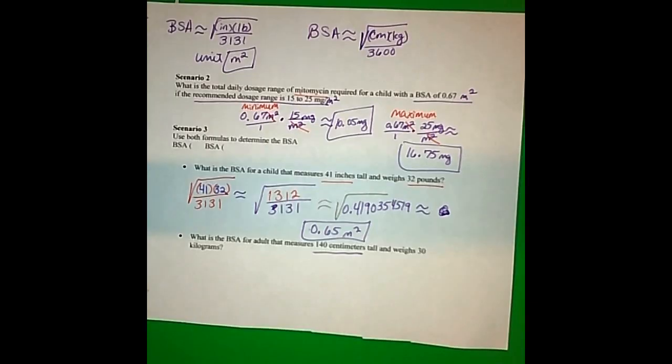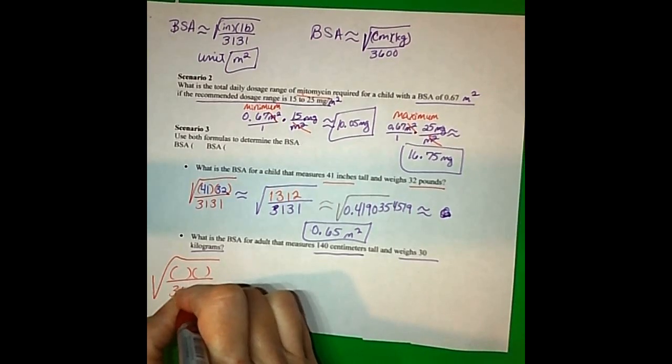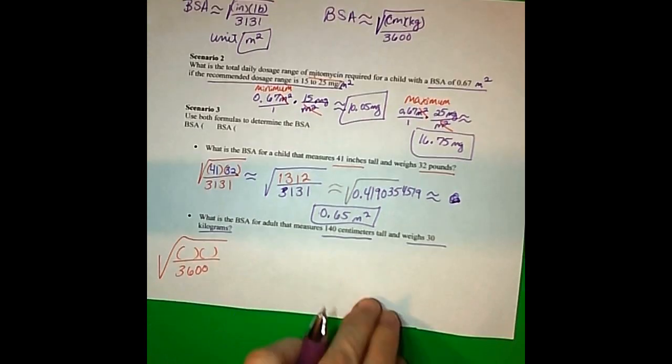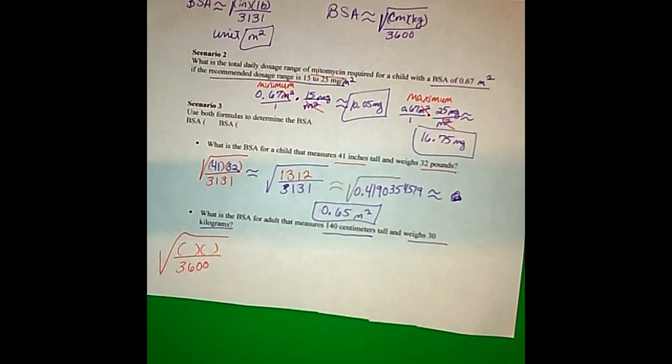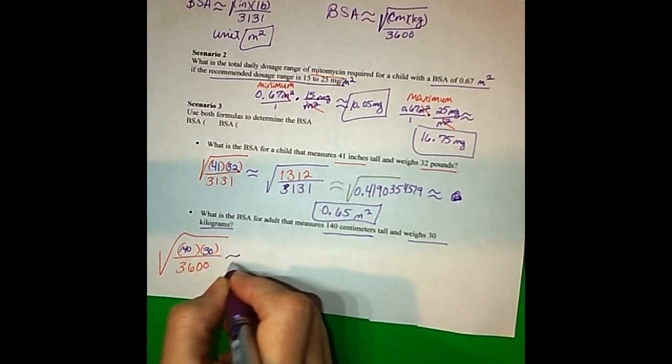It says I have a patient that's 140 centimeters tall. They weigh 30 kilograms. So let's use that formula. That formula says we take our weight times our height and divide it by 3,600. Make sure you can see this. So we have 140 centimeters times 30 kilograms.